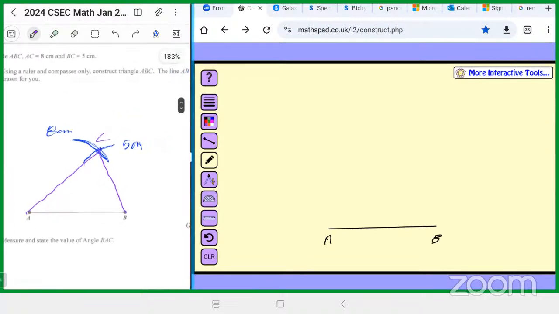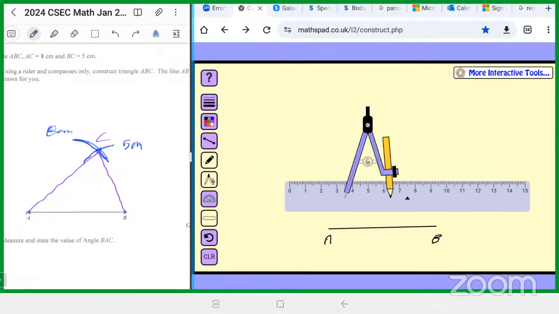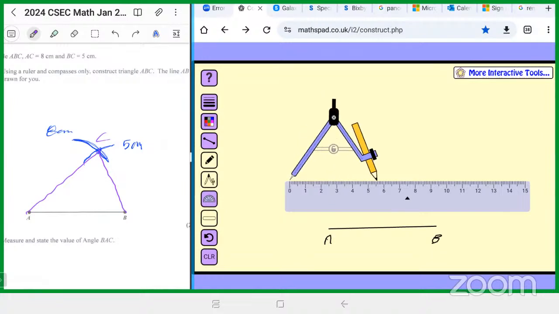So I will bring in my ruler and also my compass, and I will open it to 8 centimeters. Position the compass at 0. As the question says, you have to use a compass and open it to 8 centimeters over here. That's what you would do.